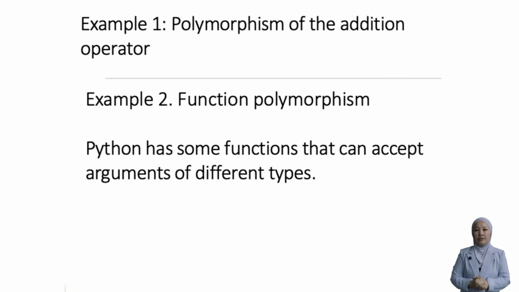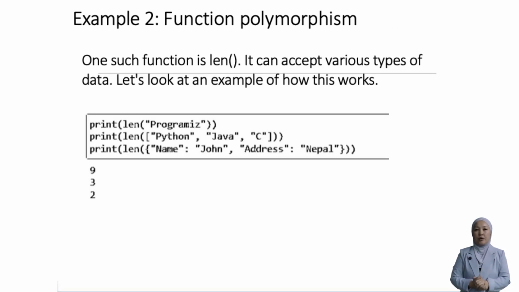Certain built-in Python functions are designed to accept arguments of various types and perform appropriate actions. This design makes our code more general and flexible, as the same function call can work correctly with different kinds of data. A classic example of function polymorphism is the len function. You can pass it a string, and it returns the number of characters.